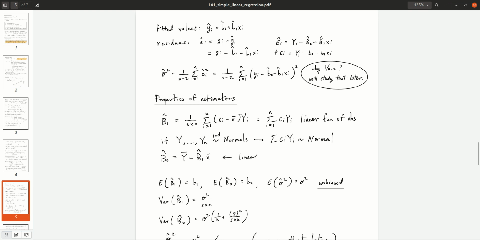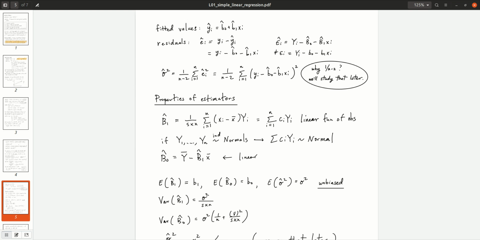Bringing this back to our statistical framework, one of the reasons that we have a statistical model is that once we get our estimates, little b0 hat and little b1 hat, we can look at the probability distribution of the corresponding estimators and use that to say something about the variance, mean squared error, things like that.